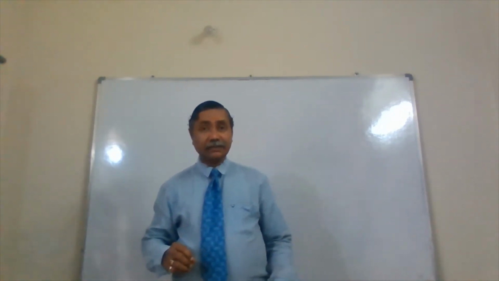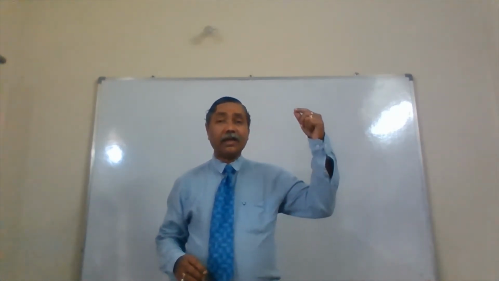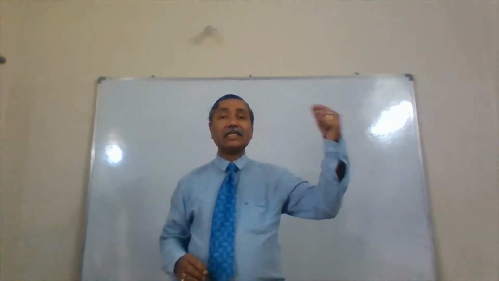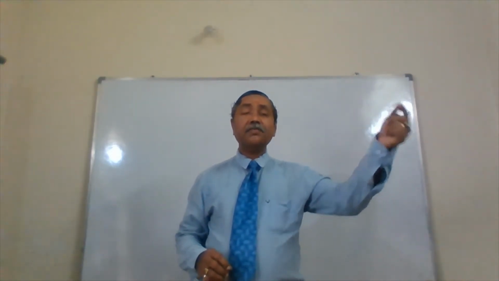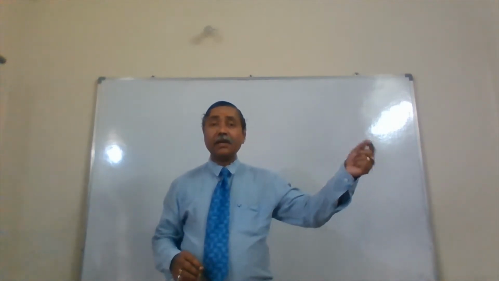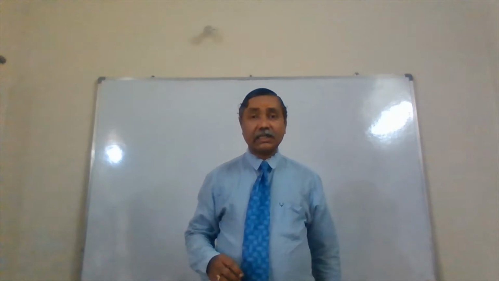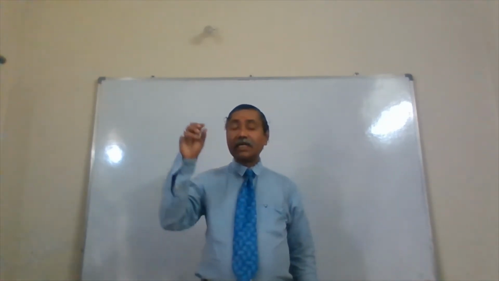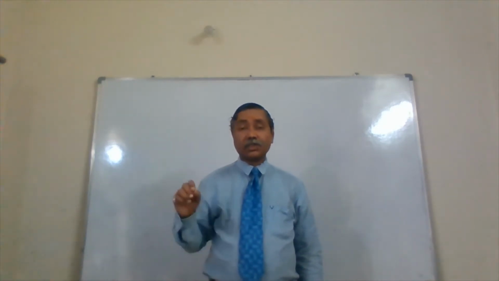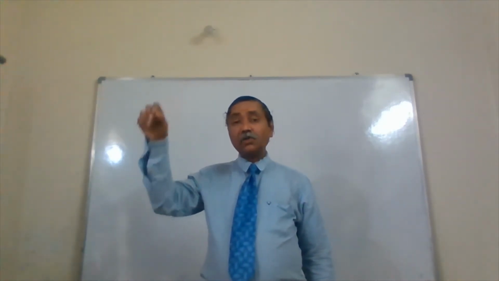Basically, risk is an uncertain event which may or may not happen in future. That is a risk, right? We can assign a certain probability to a risk, and we can assign a certain impact level to a risk.